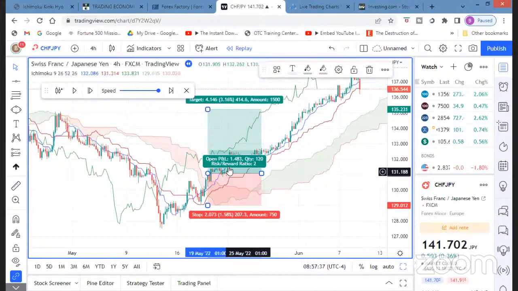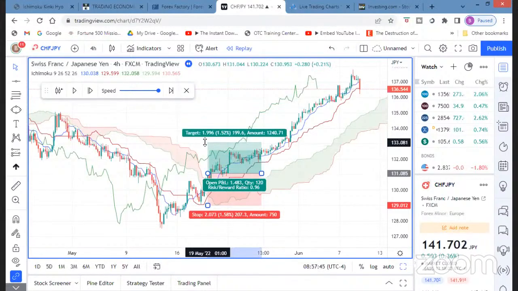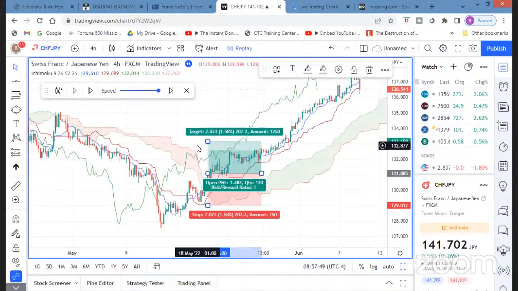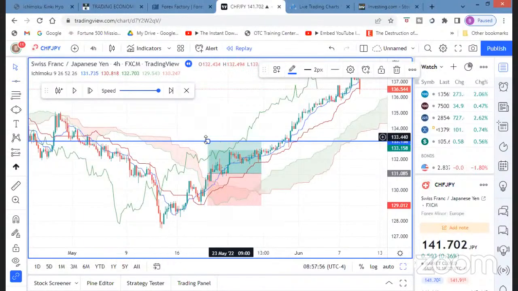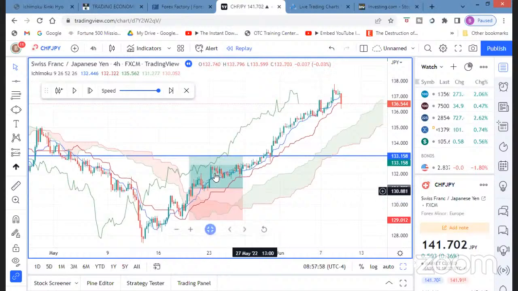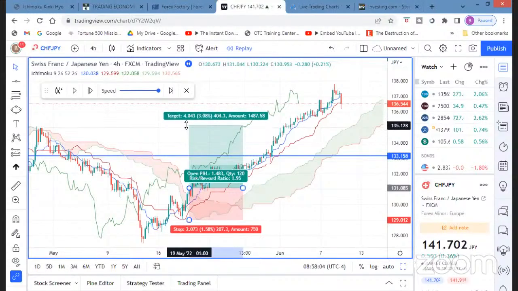Bang. Okay. There. Do I come in? Do I go 1 to 1 initially? 1 to 1 at this level on this swing. Do I go 1 to 1, take half my profit off the table, let the rest run to my 2 to 1?